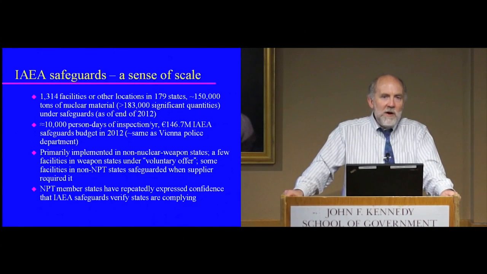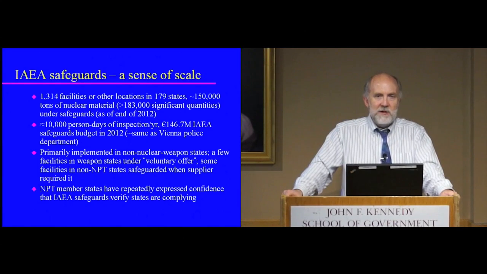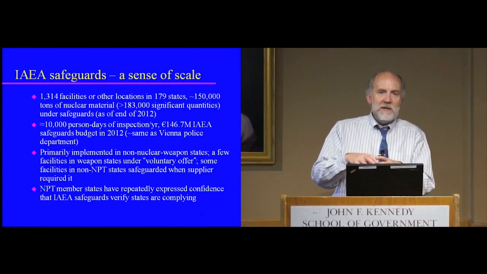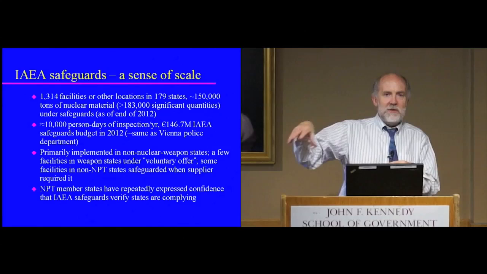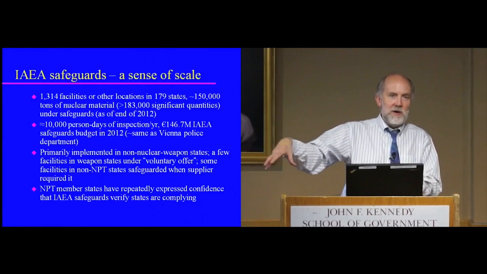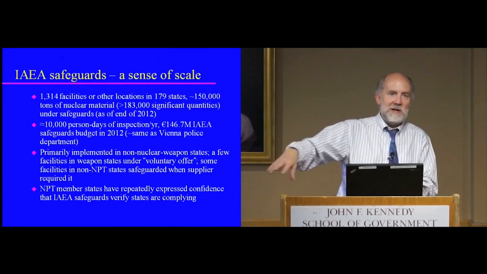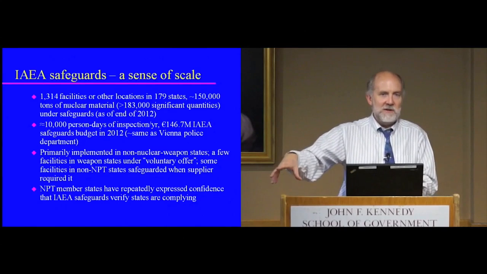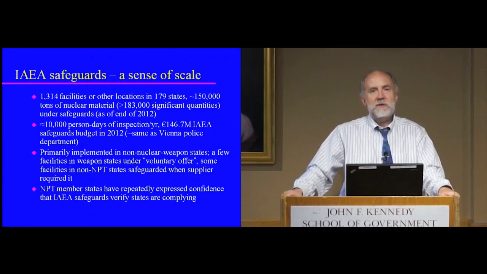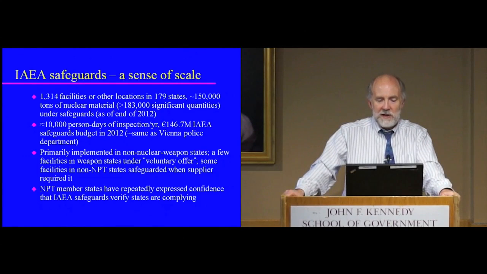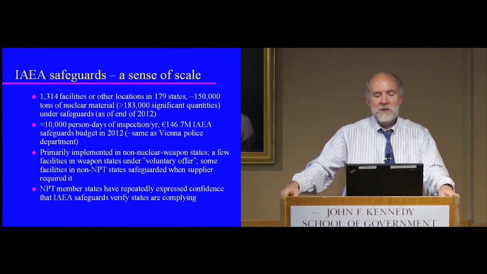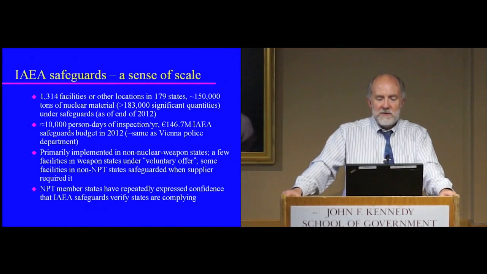There's also a few inspections in the few countries outside the Nuclear Non-Proliferation Treaty that are basically at facilities that some other supplier provided, and that supplier wanted to have inspections at that facility to make sure that facility at least was not used for those states' nuclear weapons programs. But the vast majority of the inspections are in the non-nuclear weapons states.